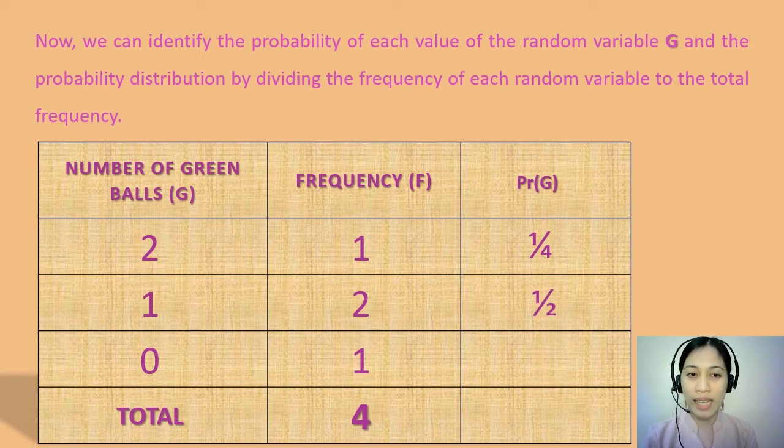Next, 1 ball taken from the jar would be 1/2. And if none of the green balls will be taken from the jar, it will be 1/4. And the total will give us 1. So this satisfies the condition given for the probability distribution, whereas the values of our probability should be from 0 to 1, and the total would be 1.